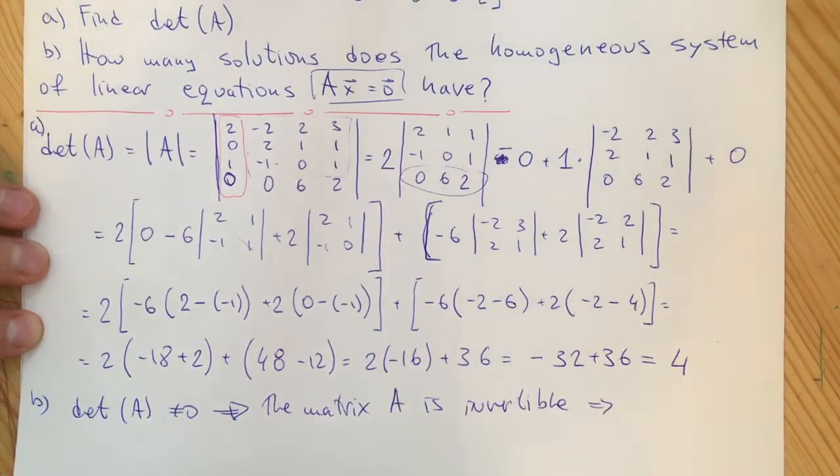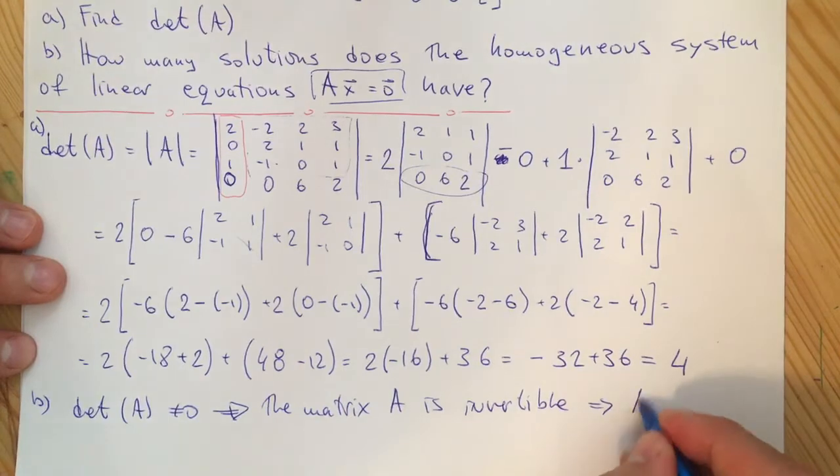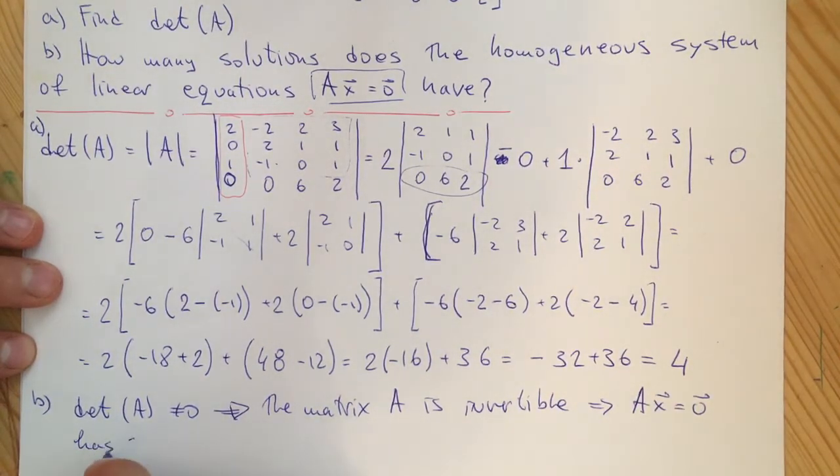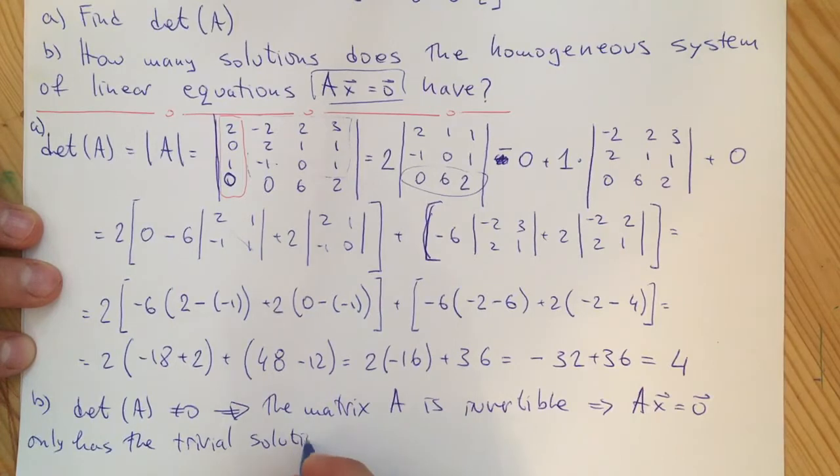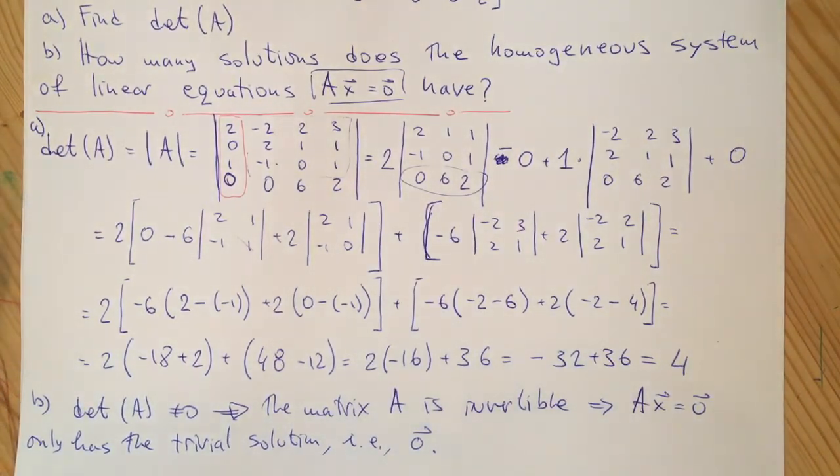And if the matrix A is invertible, then the homogeneous system only has the trivial solution, and that's the zero vector. So it has a unique solution, and that's the trivial solution.